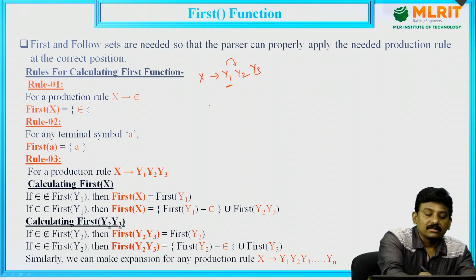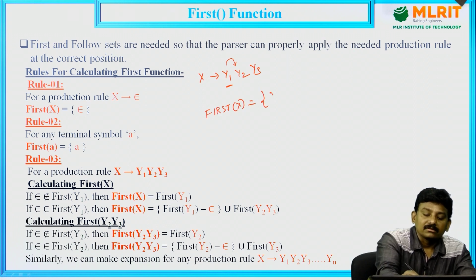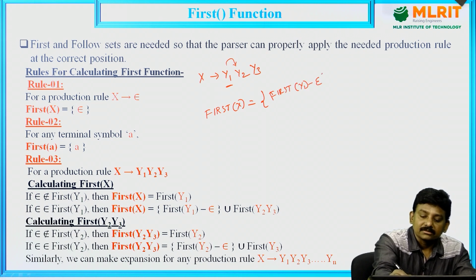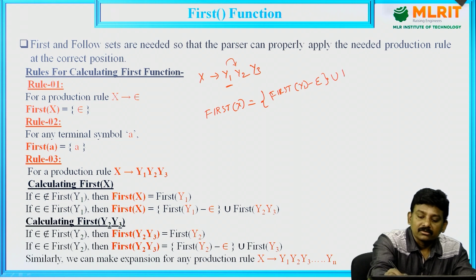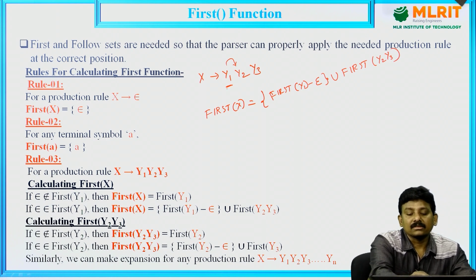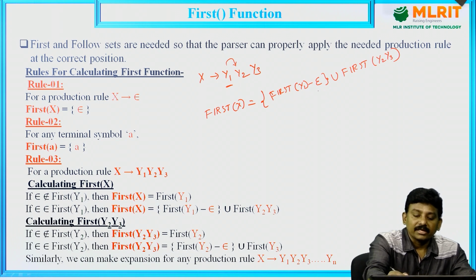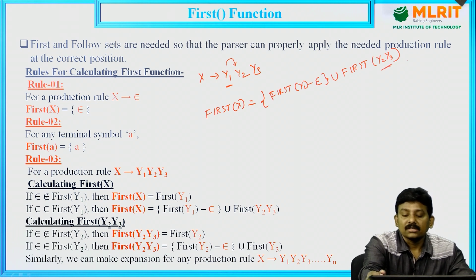That is, if epsilon belongs to first of Y1, first of X is equal to first of Y1 excluding epsilon, union first of Y2, Y3. You take all the terminal symbols of first of Y1 excluding epsilon, and take the union with first of Y2, Y3, which is a combination of terminals and non-terminals.